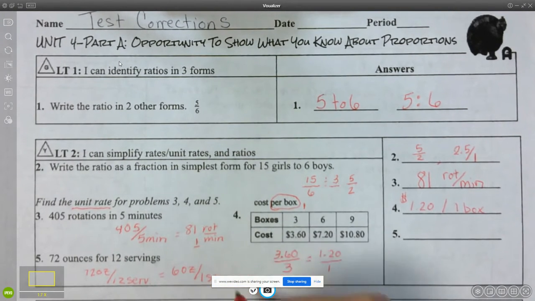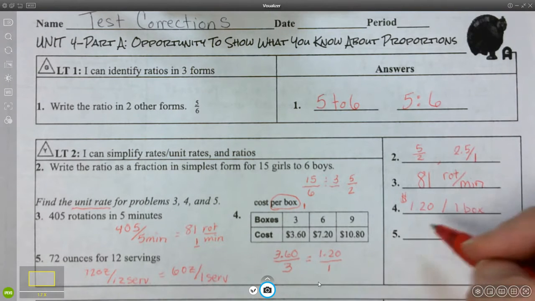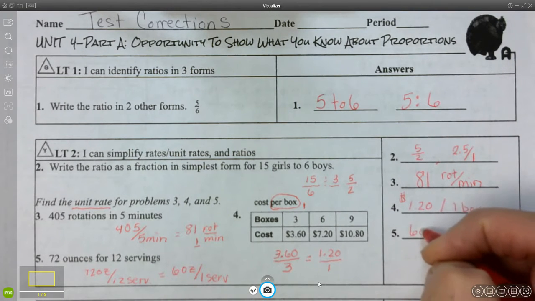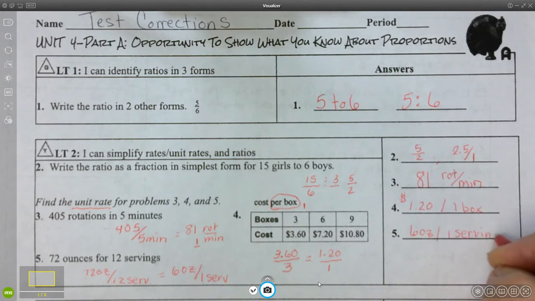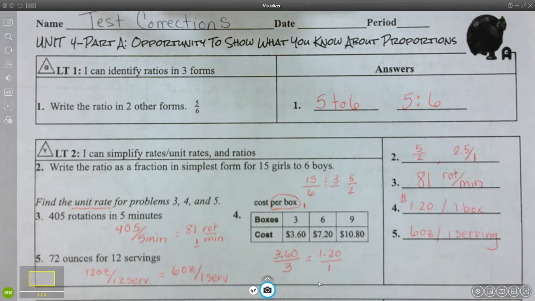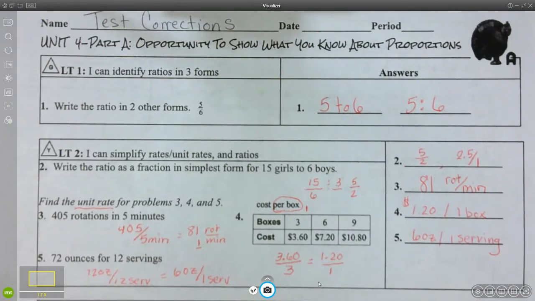So that's the unit rate just for 1. Sorry, I will hide that thing there so it doesn't block my answer there. So over here, I'm just going to write 6 ounces for every 1 serving. That's the unit rate. Okay, so learning target, I can simplify rates, unit rates, and ratios.